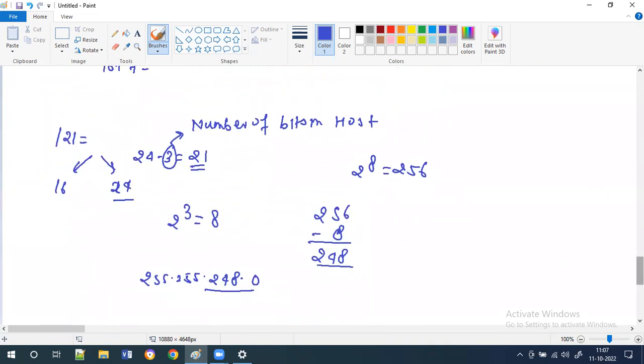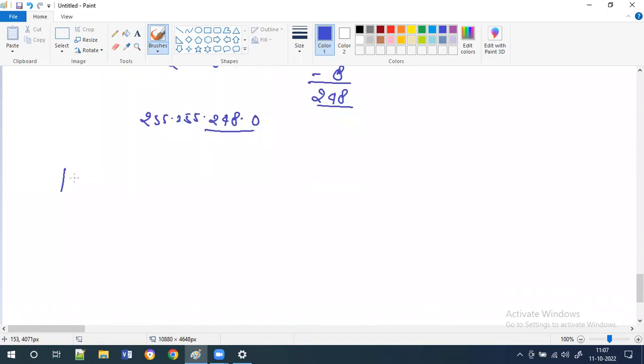Correct? Now calculate for slash 29. 24, 32, right? 32 subtract 29, that is 3. So 2 to the power 3 means 8.